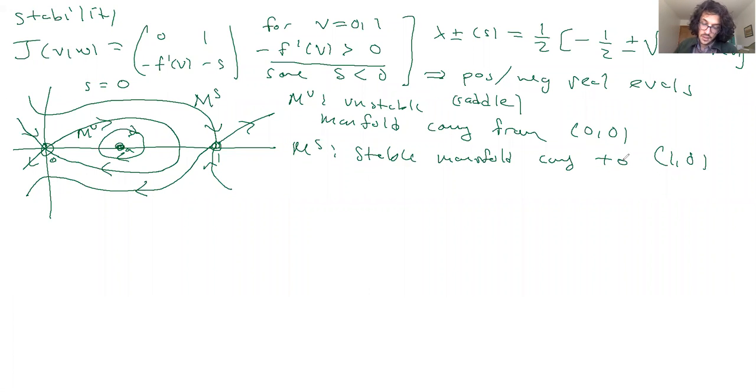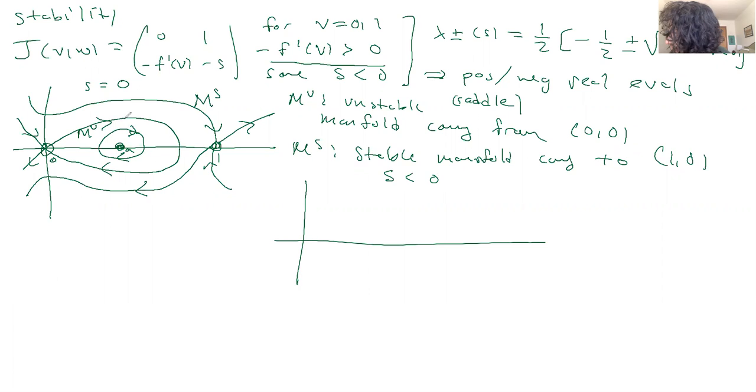Okay, so what happens as we change S? So for some value of S less than 0 now, okay, there's going to be some value of S where this manifold and this manifold come together and they make a heteroclinic orbit, okay?